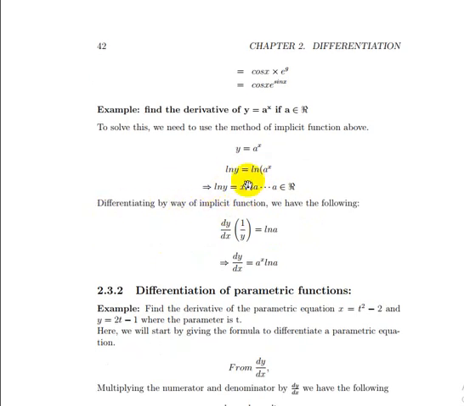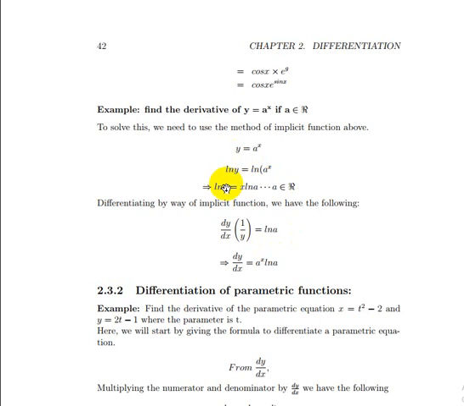Now, differentiating by the implicit function method, I will use the technique of implicit function in order to differentiate this. I know that this is a function of a function. So ln y, and y here is a function. So I'll first start by differentiating the innermost function. When I differentiate the innermost function here, it gives you dy over dx. And now when I differentiate the outermost function, it gives you 1 over y. So you're going to have this equal to, I differentiate this with respect to x.